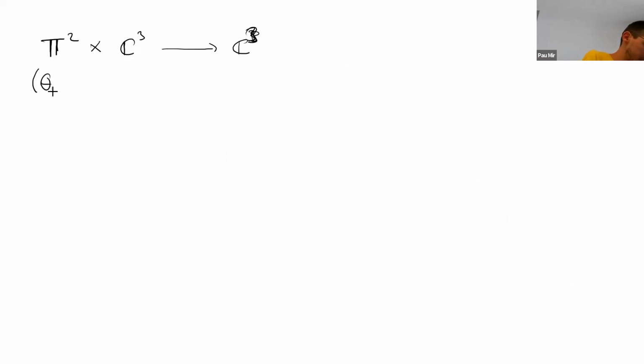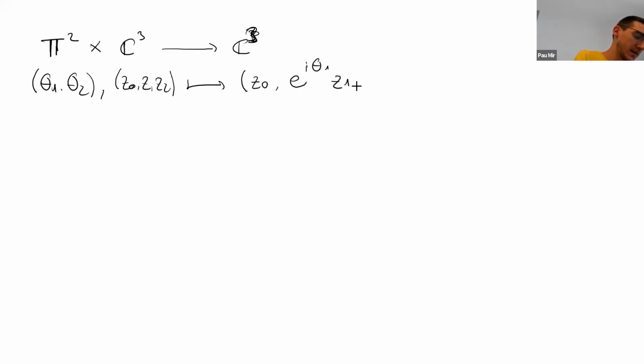If we take an element of C3, which I call Z0, Z1, Z2, and I apply a rotation only on the second and the third components, with the exponential of i theta 1 Z1 and the exponential of i theta 2 Z2.